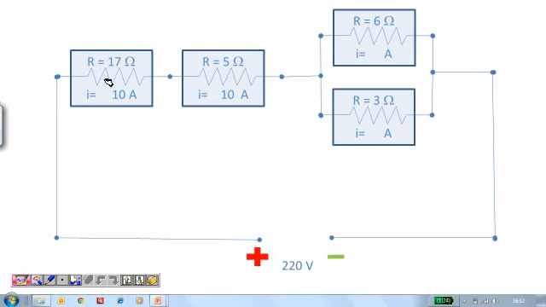Now as we see, we have 10 amps and 10 amps. The current flowing into this parallel circuit is again 10 amps. Now the 10 amps will have to be broken up such that the voltage drop across each remains the same.